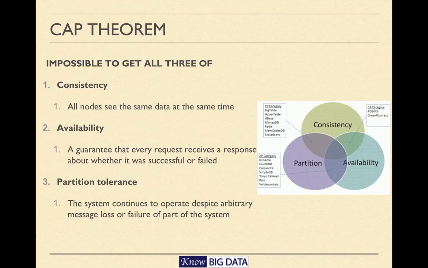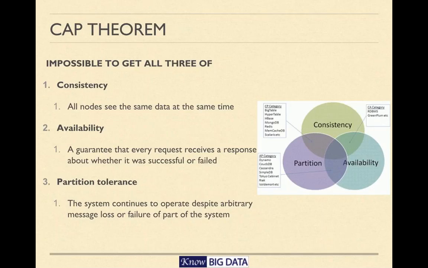It should not be that a request never got a response and the user kept on waiting. The request should be addressed. That is availability. The more requests you are able to respond to, the more available you are. If you are able to respond to 100% of requests, you are 100% available.